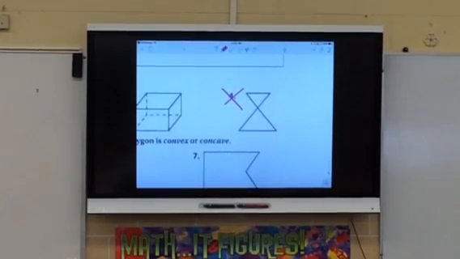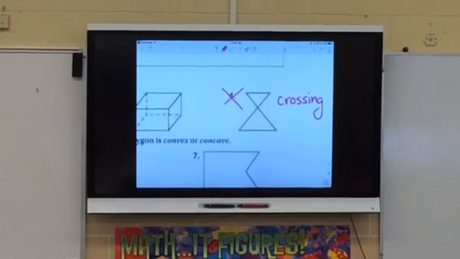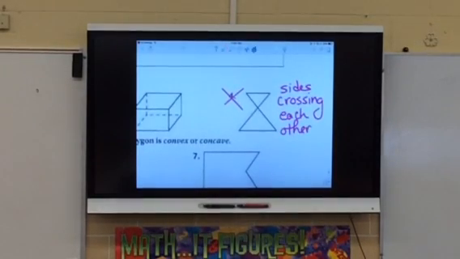Yeah, in the definition of the polygon, there was a thing about how each segment should not intersect more than one other segment at its endpoints. This has sides that are crossing over each other. And that's a problem.